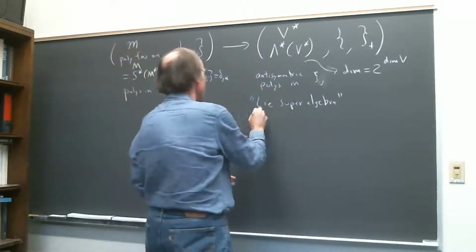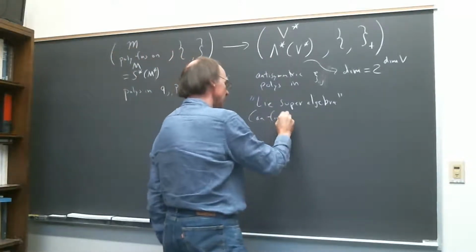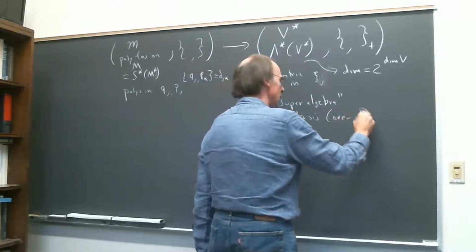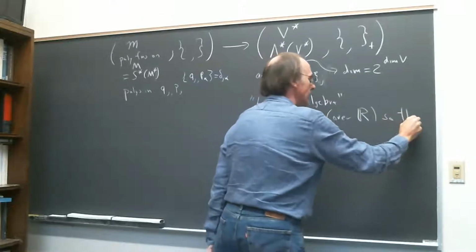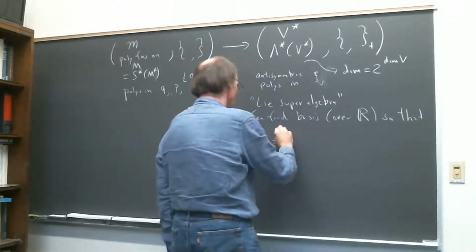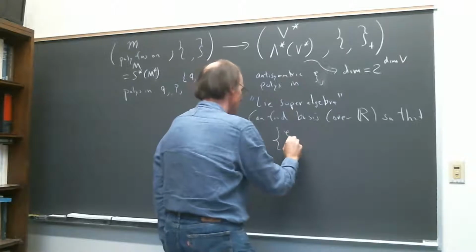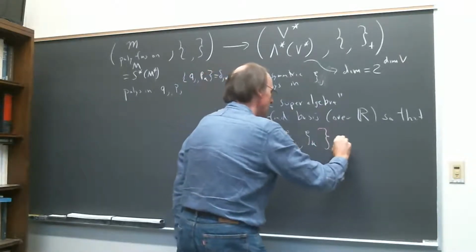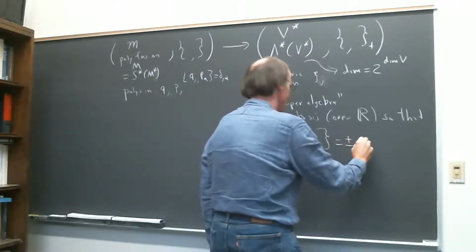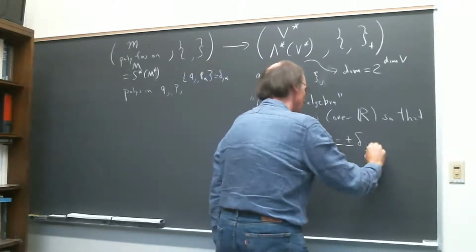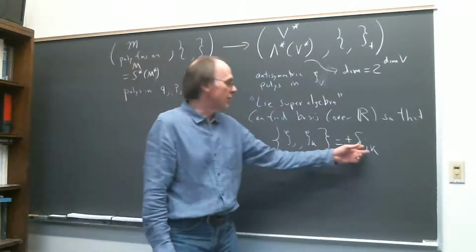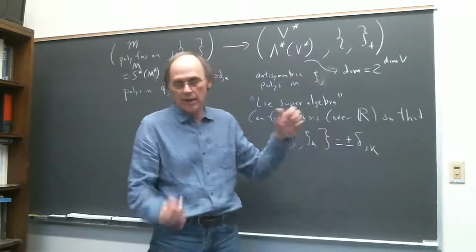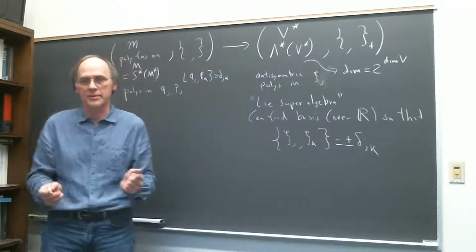So here you can find a basis over R so that the form on basis elements is plus or minus delta jk, but there's a choice. It doesn't always have to be positive. You can have some number of negative signs and some number of positive signs.